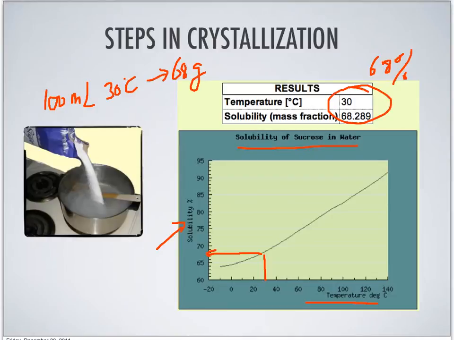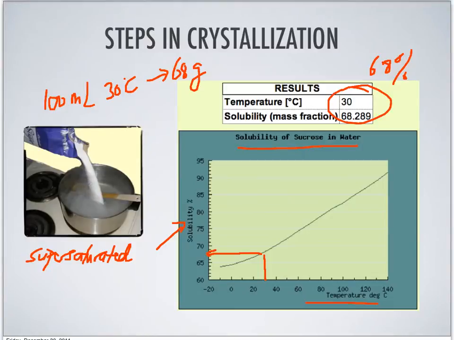But now if you add more than 68 gram, the sugar won't dissolve because the solution has become supersaturated. When you add more solute above its solubility value, it cannot dissolve anymore because the solvent, which is the water in this case, cannot solubilize any more.